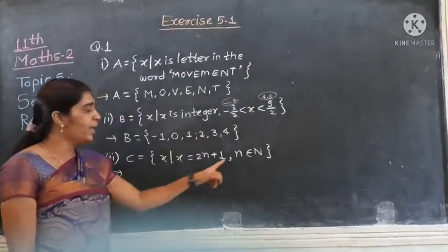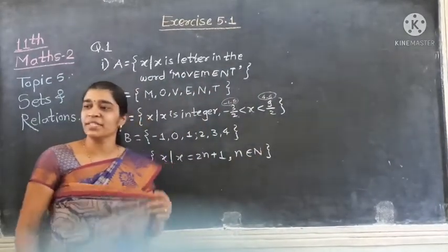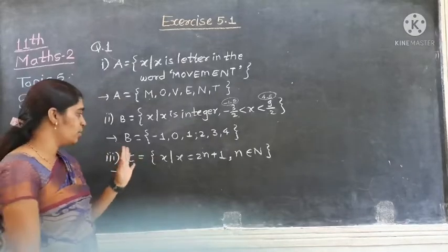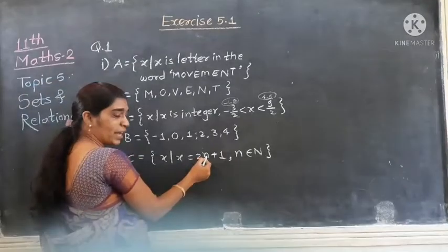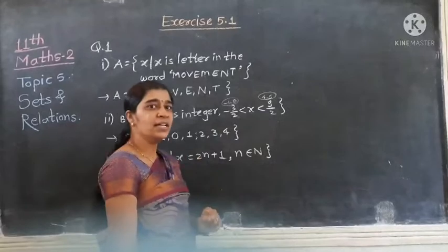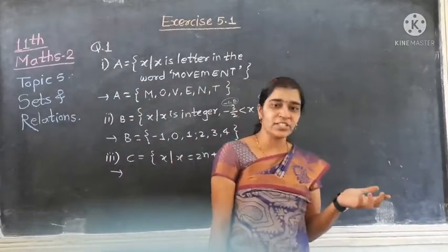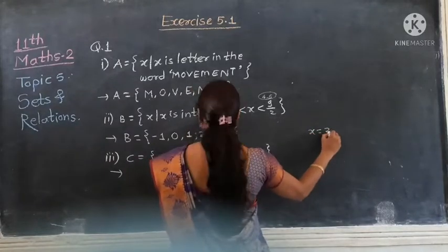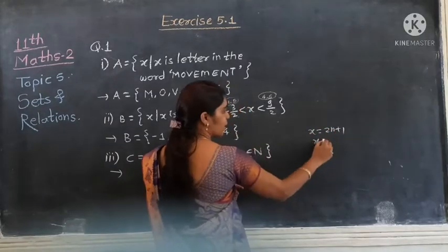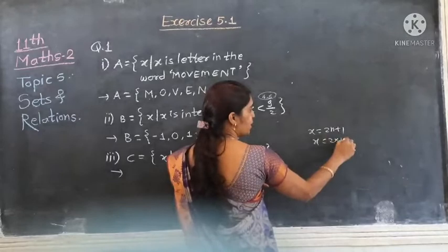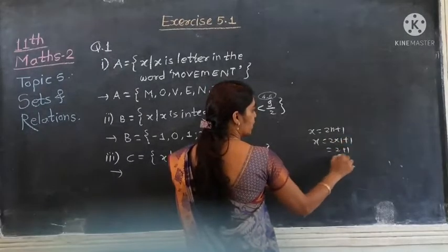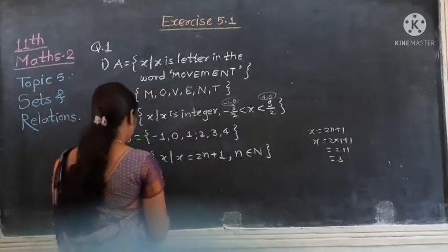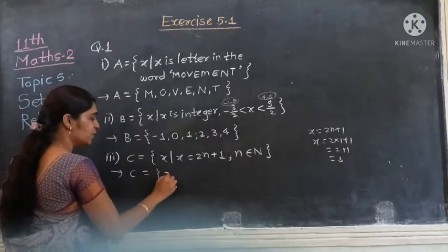We know n belongs to the set of natural numbers, which means n is a natural number. First natural number is 1. Put it in this formula, x is equal to 2n plus 1. 2 into 1 is 2, plus 1, that is 3. We get the first value of x as 3.